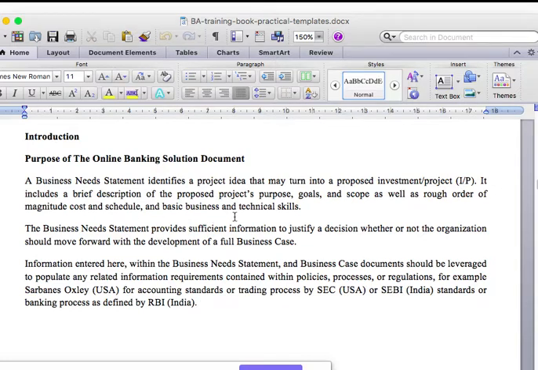The basic business and technical skills are required. But right now we are going to only write about the purpose and the investment, nothing more than that. In the second practical session, we will cover the vision document, as well as the business case, that is, how we justify the investment.